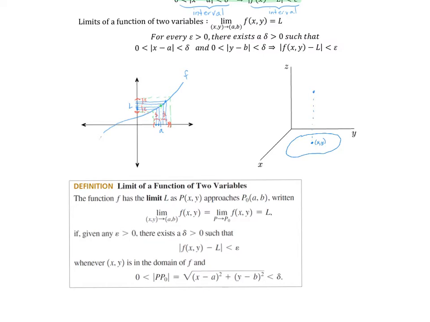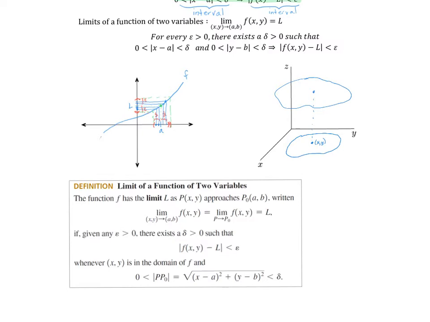In fact, if I take any point in this region, let's say that it goes to some surface z. Well, does the limit exist as we approach this x, y value? Well, it exists if we can find some interval around this point.